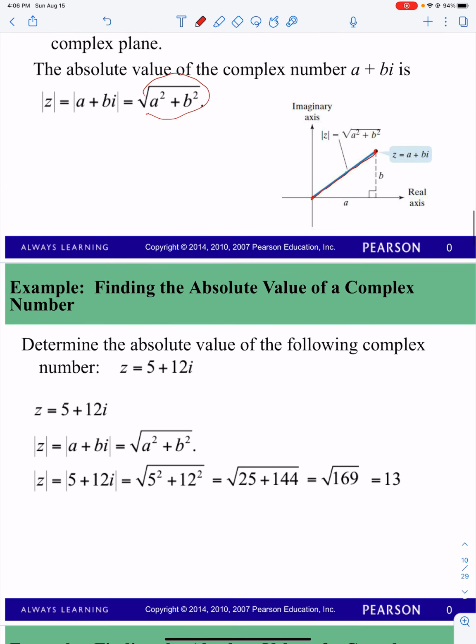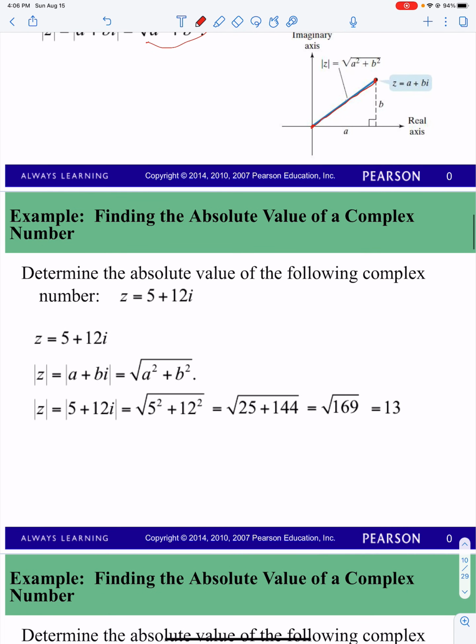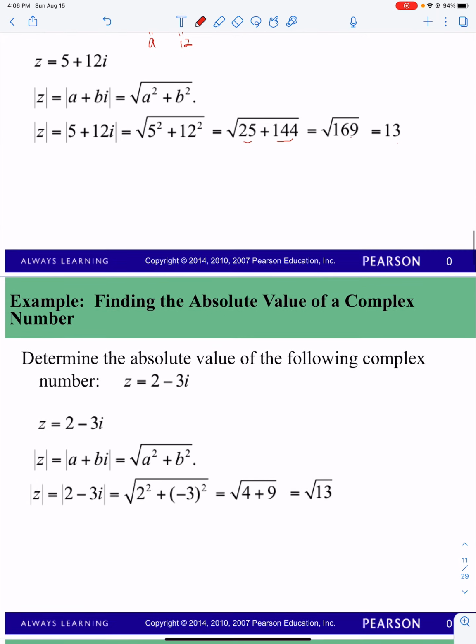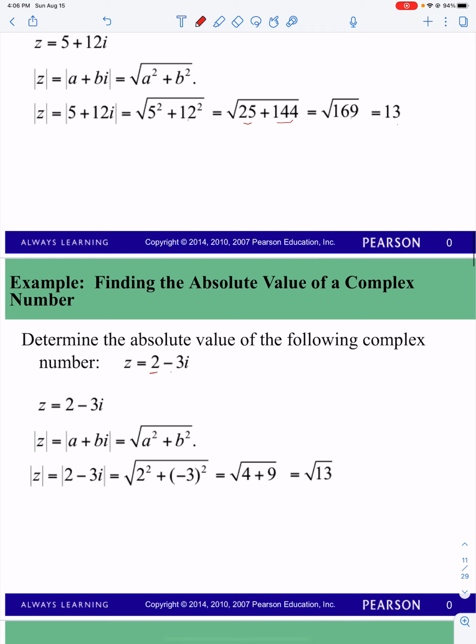Okay. So then, let's do some examples. What is your a here? a is 5, b is 12. So what will you have? Square root of 5 squared plus 12 squared. 5 squared is 25, 144, 169, square root is 13. Pretty straightforward. Okay, so 2 minus 3i.